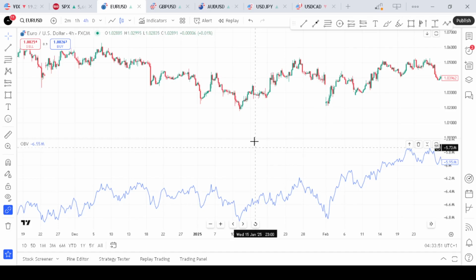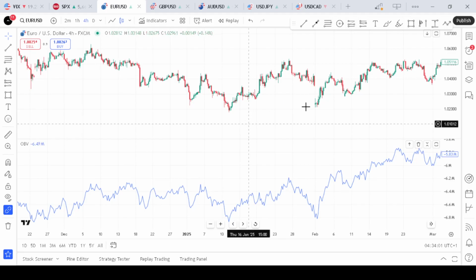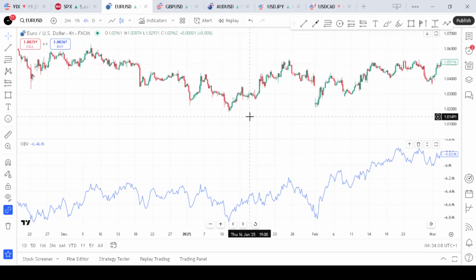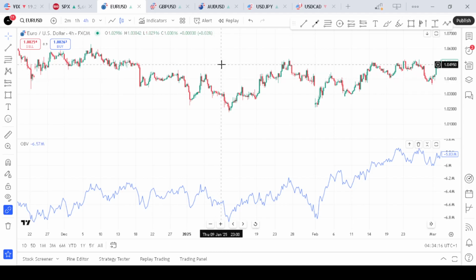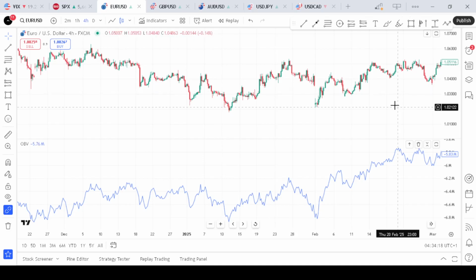We can also interpret the OBV using divergence, meaning if the OBV diverges from the price trend, this may signal a potential reversal in the market. For example, if price is rising but the OBV is falling, this could indicate a weakened buying pressure.